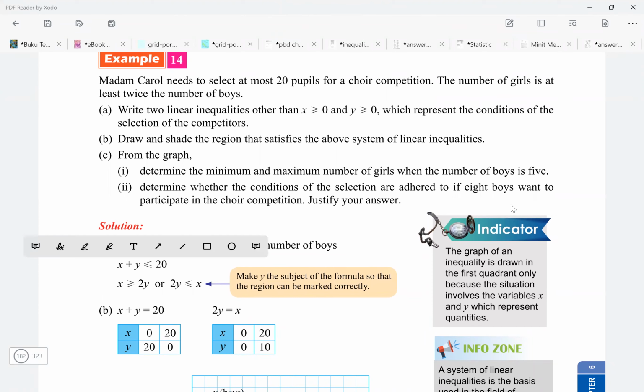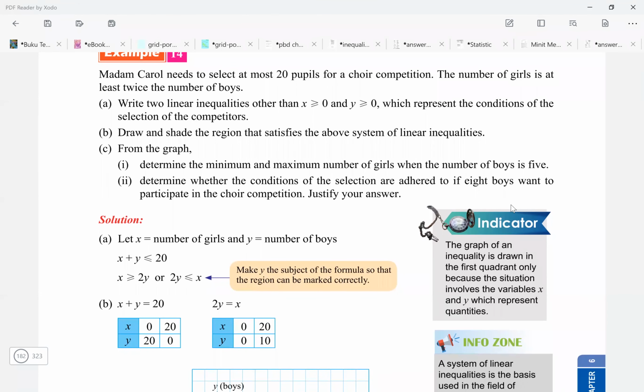Let's say we represent girls and boys with x and y. Let's say our girls is x and boys is y. So you can say here x plus y is less than or equal to 20, because it says here at most 20 pupils, meaning that the maximum is 20.